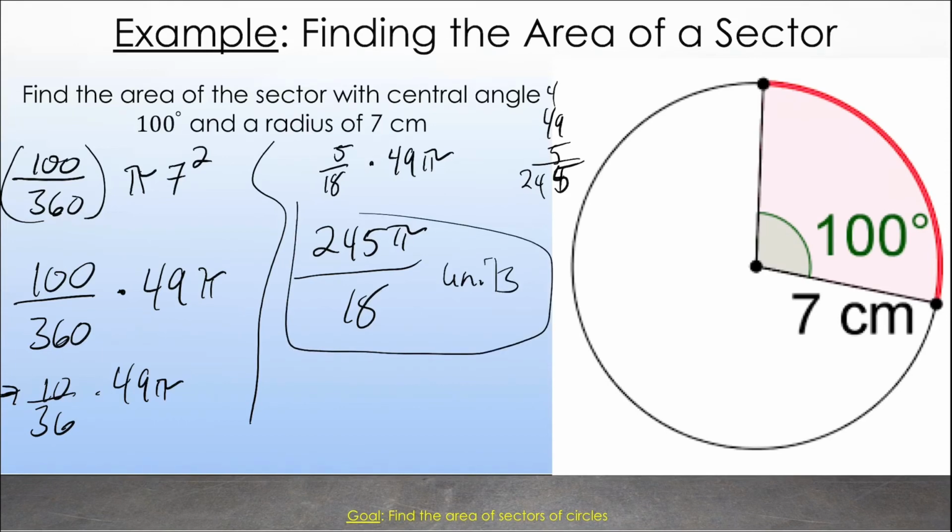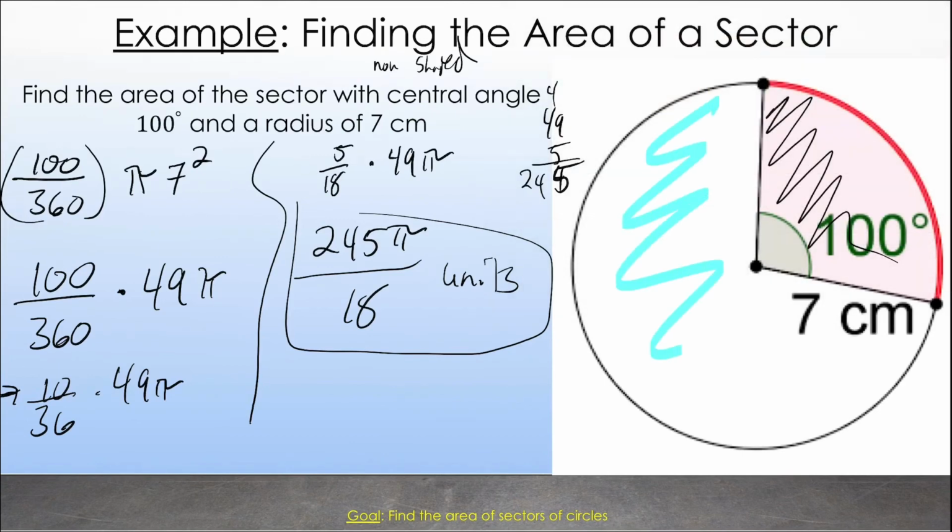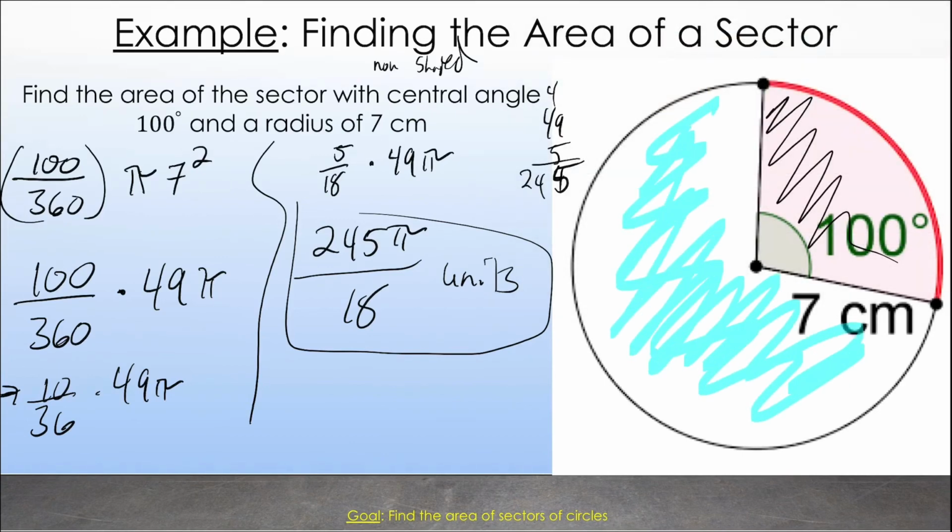In the quiz, be very, very careful, because it's going to ask you for the shaded region or non-shaded region. So if this is shaded, this would be 100. If it asked for the area of the sector of the non-shaded, that would be this part that I'm coloring in blue.